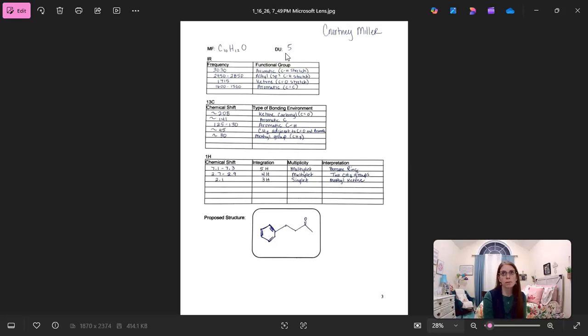So this calculation would be 10 minus (12 over 2) plus 1, which equals 5 degrees of unsaturation. 5 degrees of unsaturation suggests the presence of a benzene ring, which accounts for 4, and 1 additional unsaturation, which is consistent with a carbonyl group.